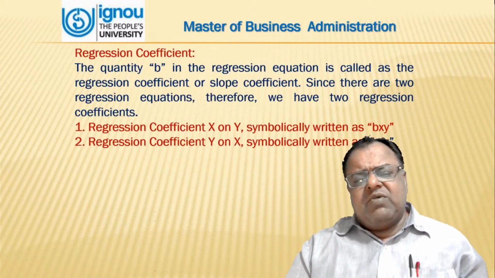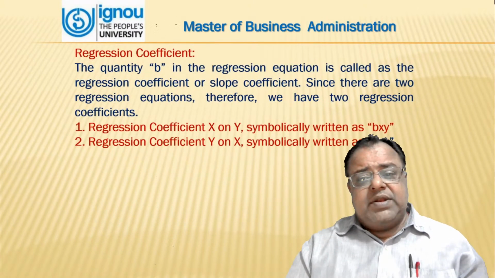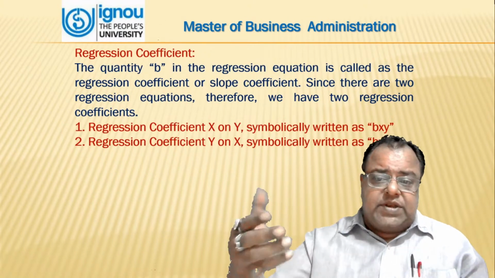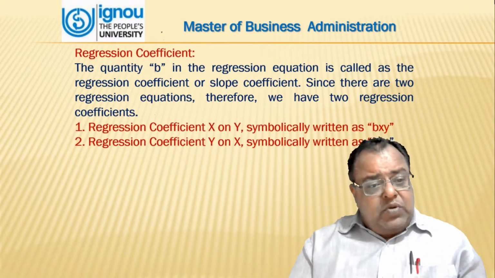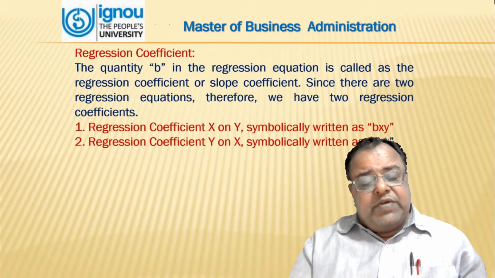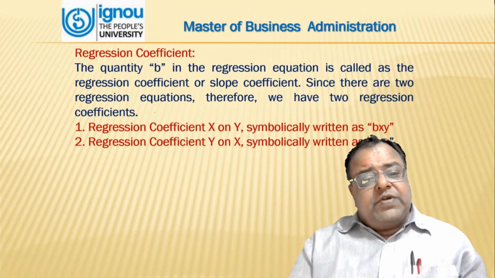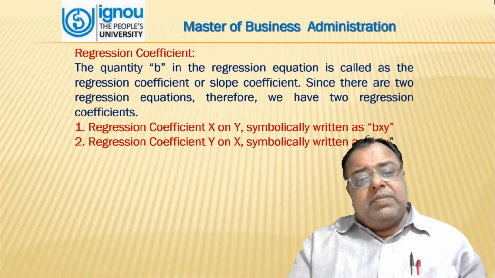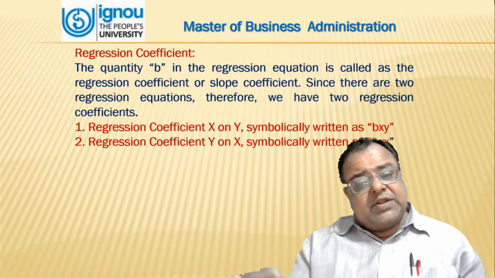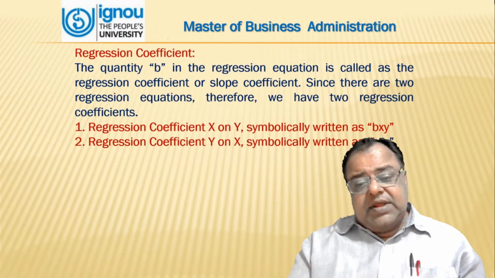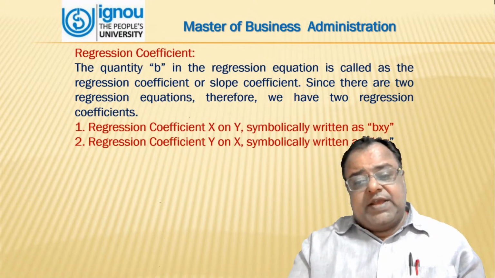The quantity b in the regression equation is called the regression coefficient or slope coefficient. Since there are two regression equations, we have two regression coefficients. The regression coefficient of x on y is symbolically written as bxy, and the regression coefficient of y on x is written as byx.